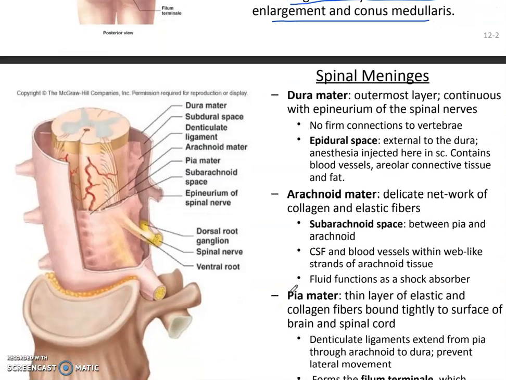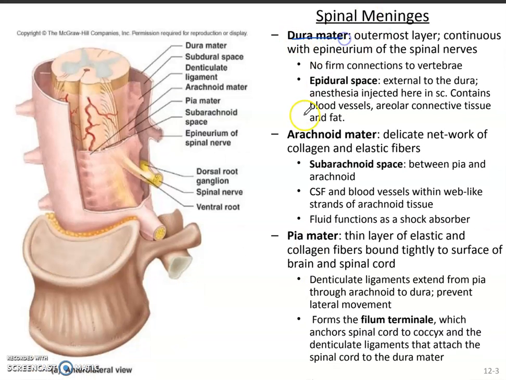And then we come to the meninges. There are three meninges: dura mater, arachnoid mater, and pia mater. The dura mater is the outermost layer. Here you can see the dura mater present, and it is continuous with the epineurium of the spinal nerves.